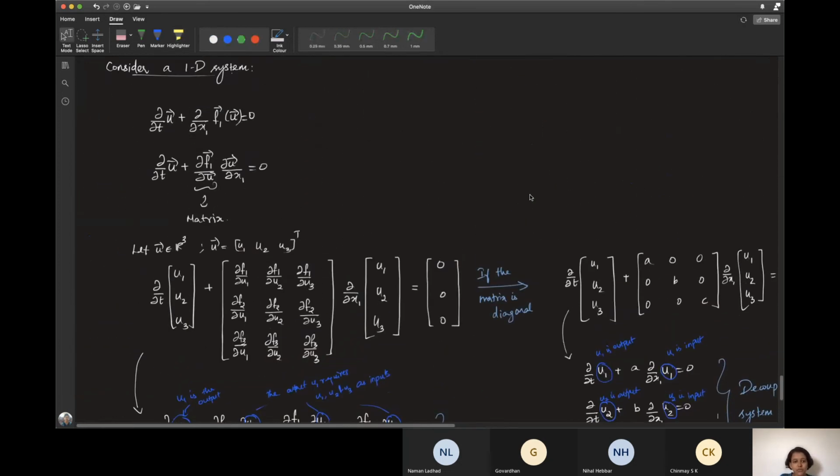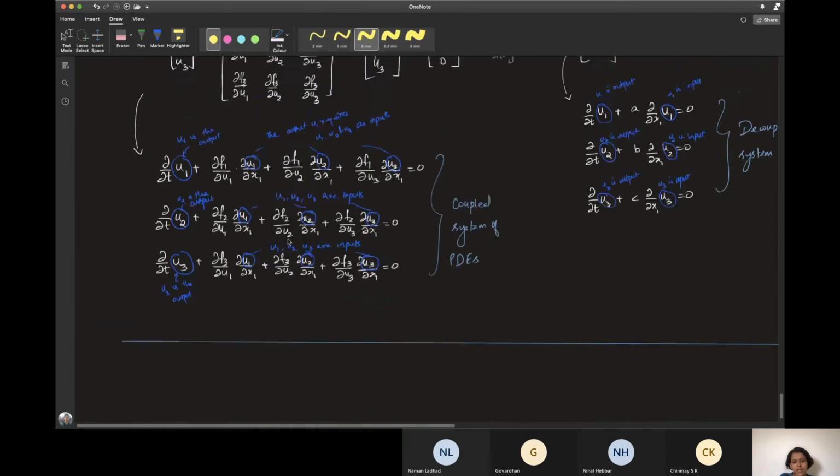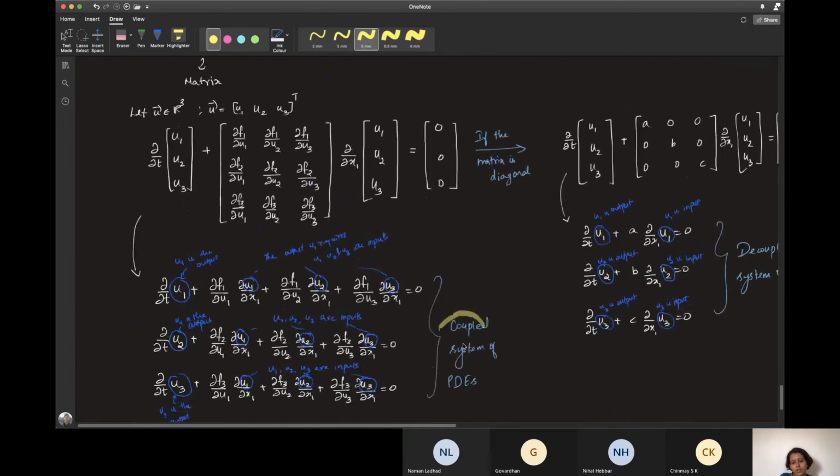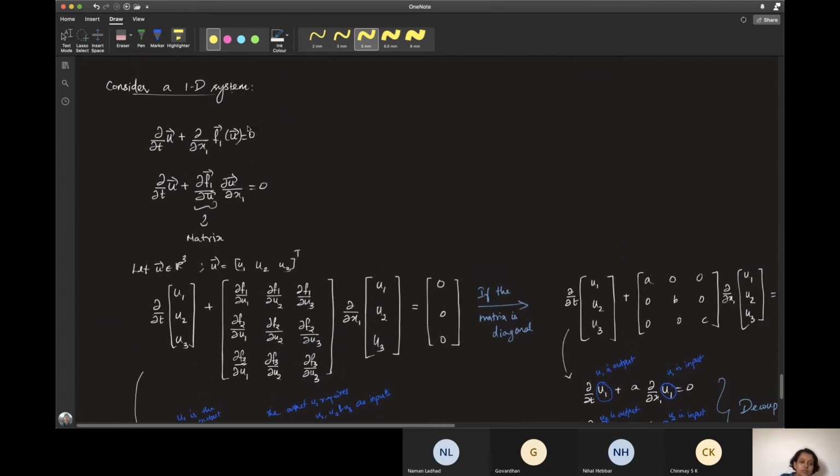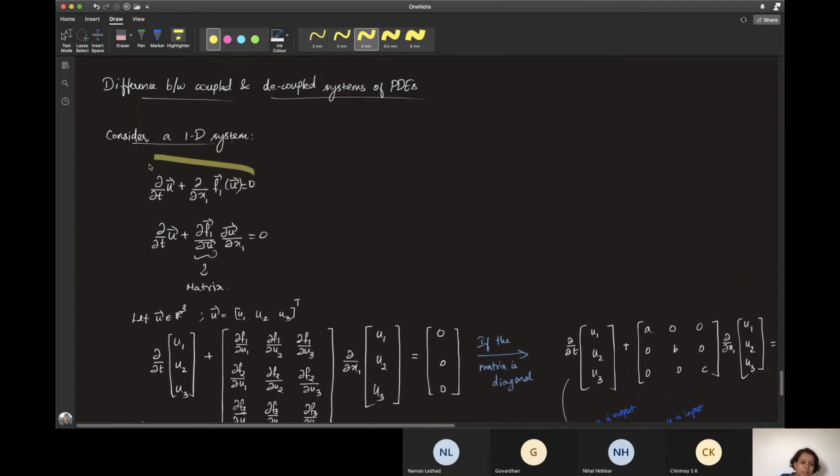Here, the motive is to make it clear what decoupled and coupled systems are. So let's consider some 1D system, where your flux is in only one direction, and you have some conserved variable vector.